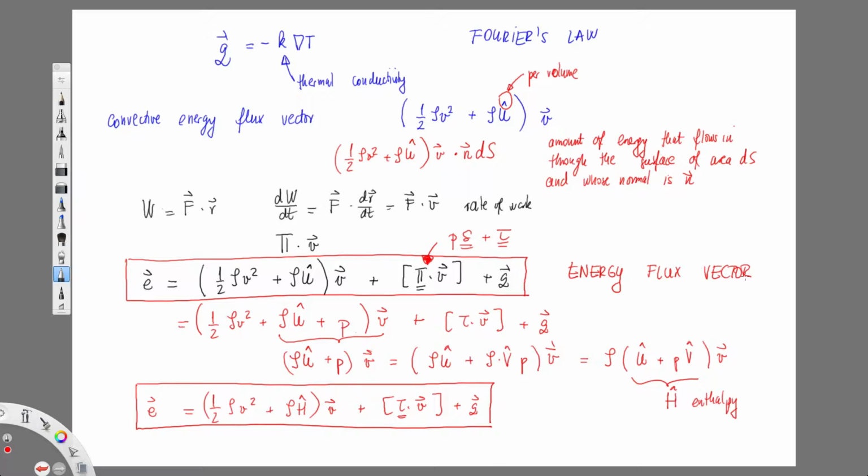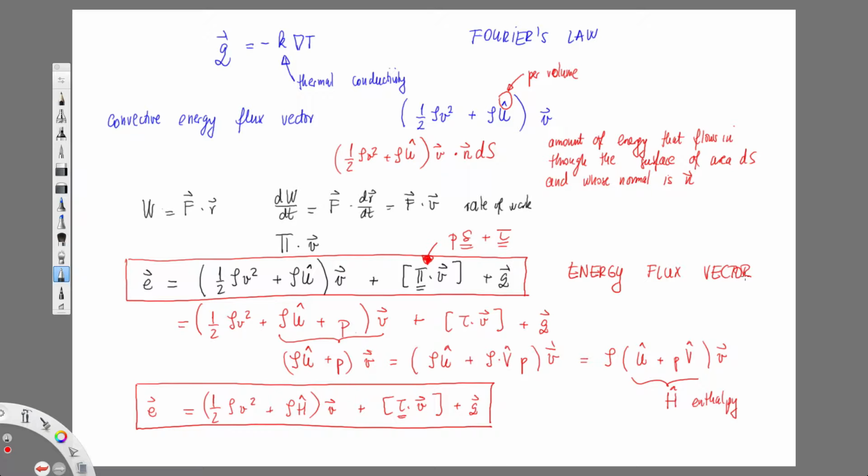Just like in momentum transfer, we had to account for stuff that is simply coming in, and for any friction within my volume that might transfer to heat. So this is simply conversion of energy. This energy flux vector basically quantifies any kind of heat or energy related changes that I might have within my volume, especially if I'm standing still and I'm not actually moving with the coordinate system.